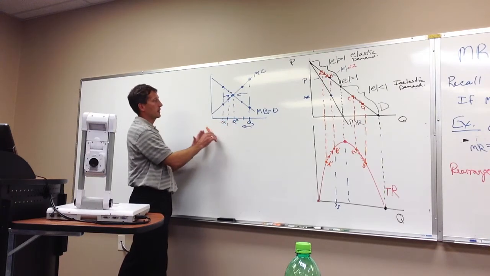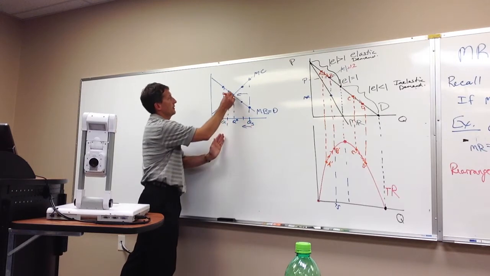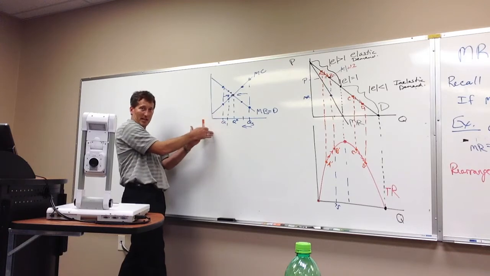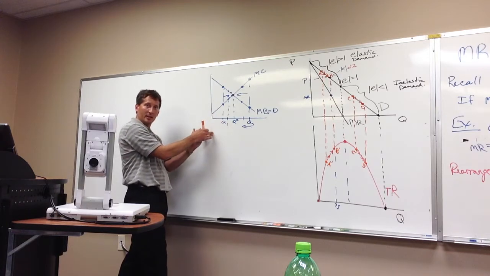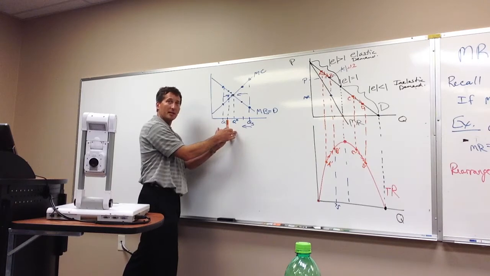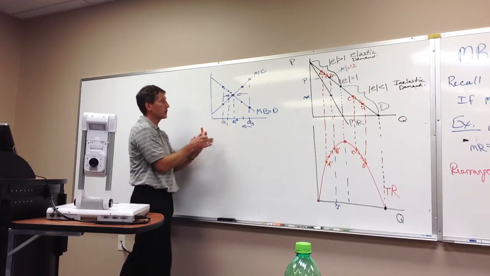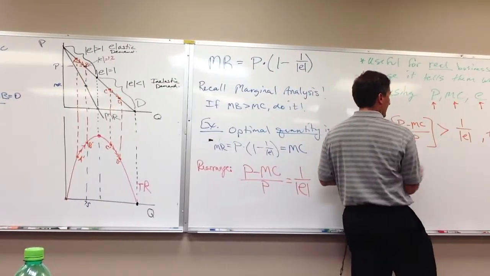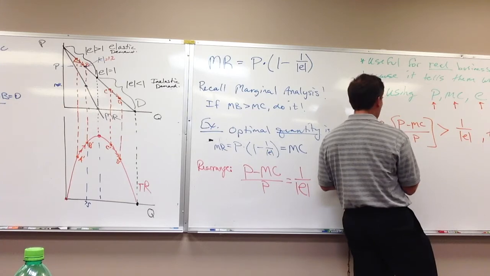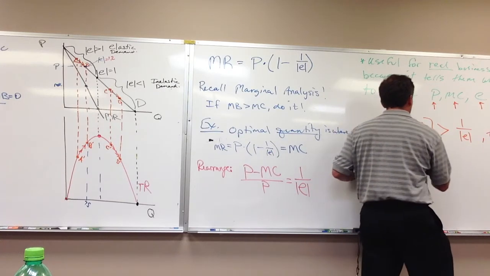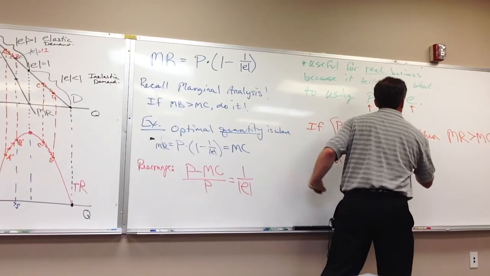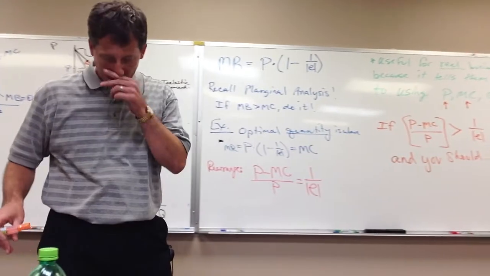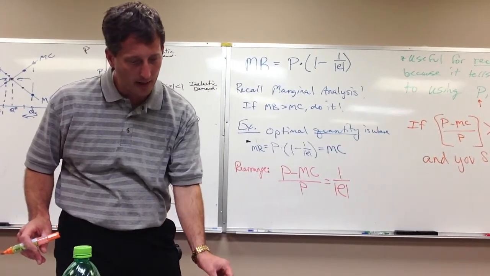Marginal revenue is greater than marginal cost. Are we to this side of this anchoring point? Are we over here or are we over here? We're over here, so what should we do? We should increase quantity, right? So we should increase production. If vice versa, of course, you'd back off.